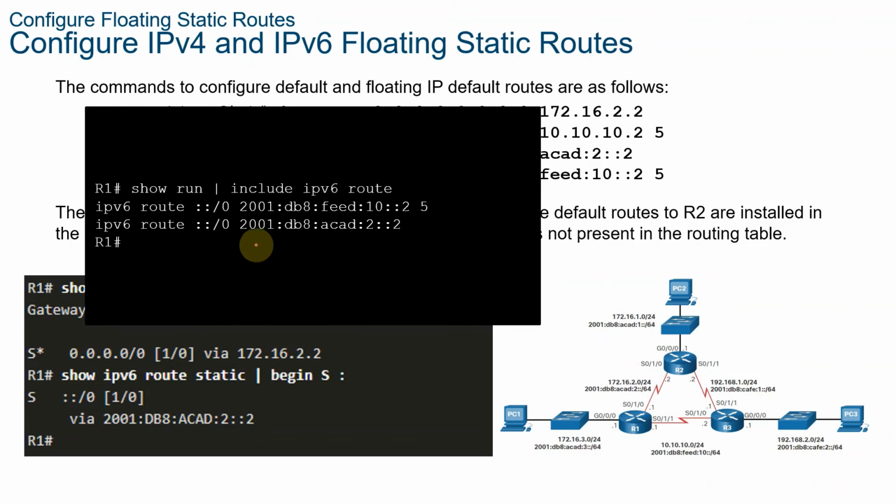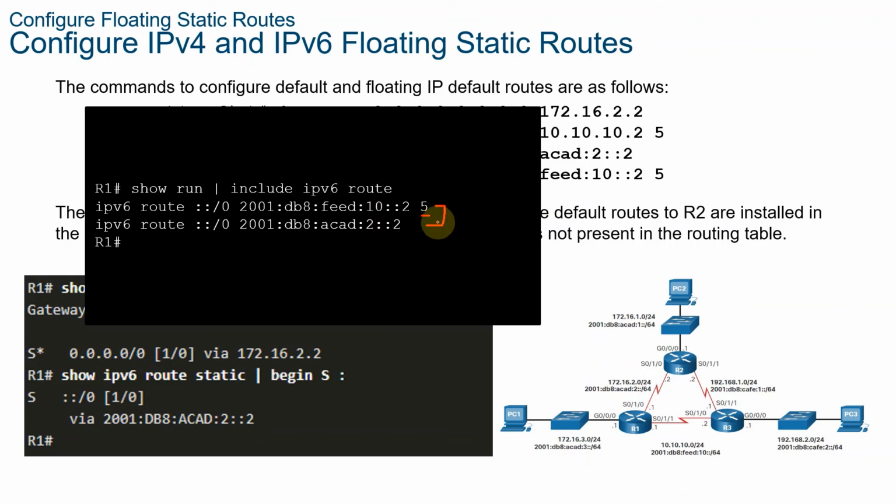Okay, so we use the show run command to verify the floating static routes are in the configuration. This would be our default or floating static routes shown in the configuration.